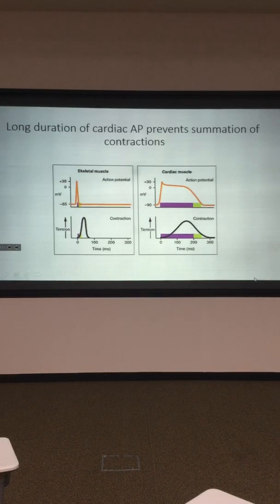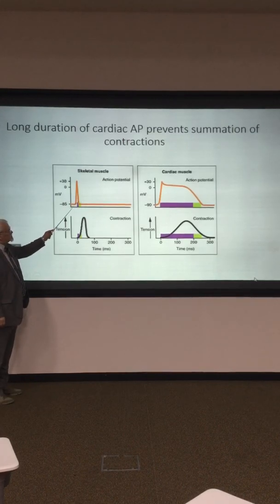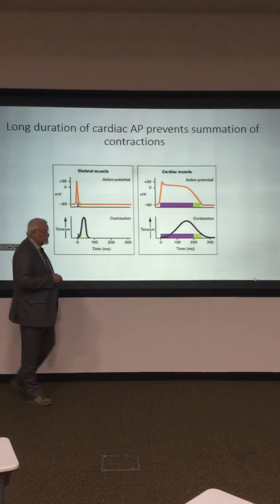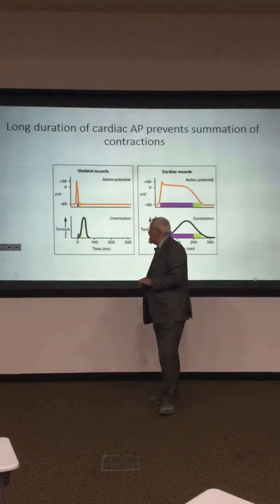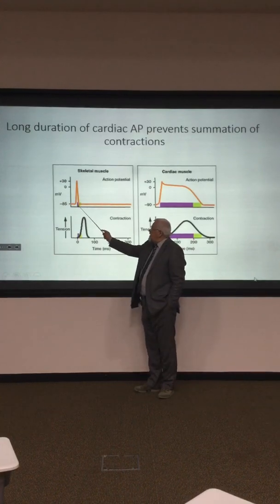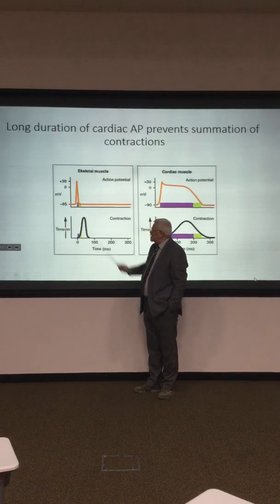Neurons do that. Neurons regulate muscle. Yet in skeletal muscle we have a relatively short action potential, only slightly longer than in neurons, about 5 milliseconds, 3, 5, 7 milliseconds. And these two phases are the absolute refractory period and the relative refractory period.